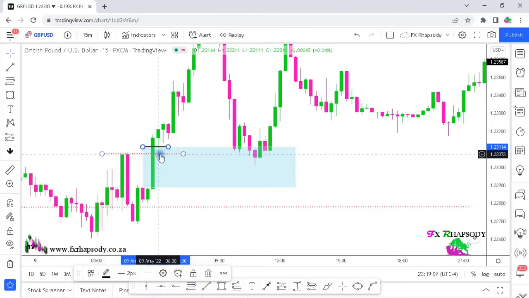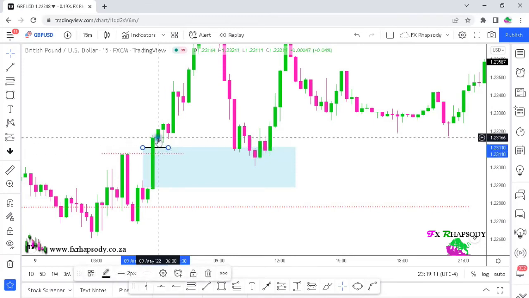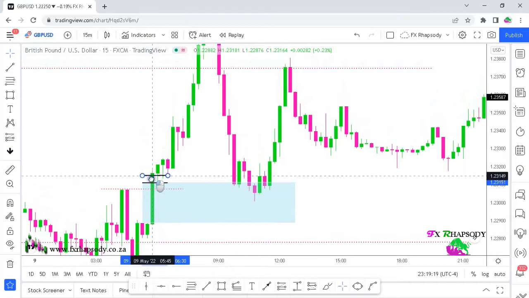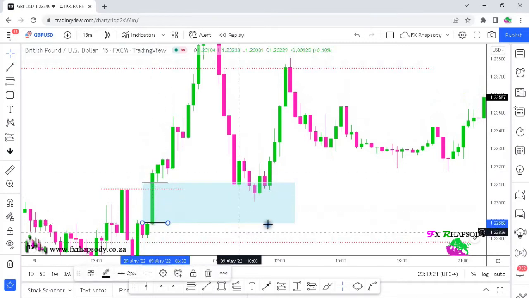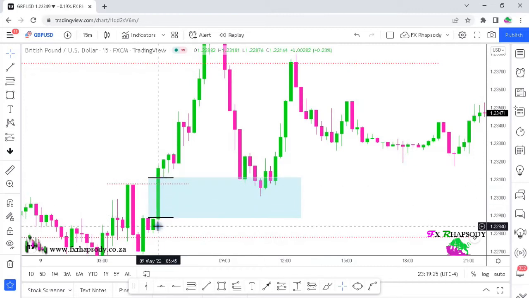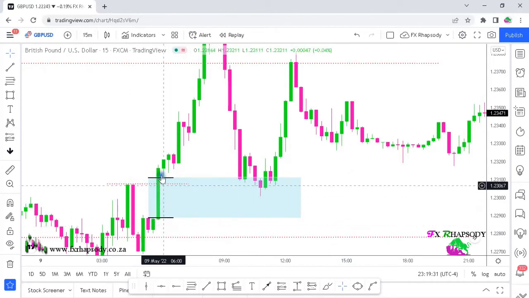It's the area between that wick, this one over here, and that wick, this wick over here. So it is that gap it leaves when this candle pushes through the previous structure that was created. That gap is going to be the fair value gap.